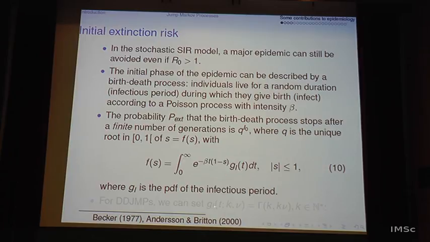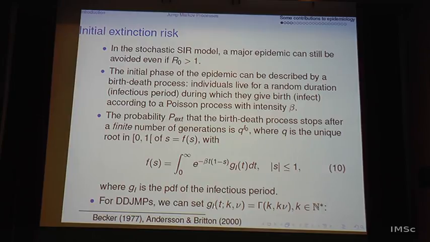Here, this is the Poisson process, and this is the probability density function of the infectious period. And here again, because we are in the formalism of density-dependent jump Markov processes, we have very limited choice for this, but still we have some choice: we can set this PDF to be any gamma distribution where the shape is equal to an integer.